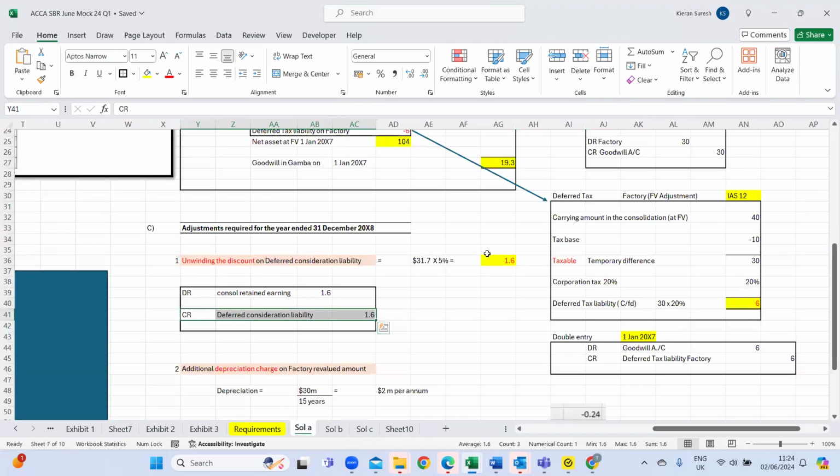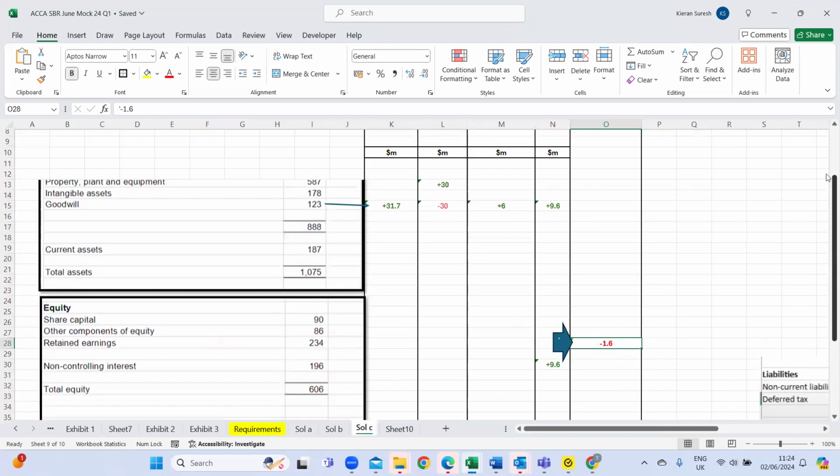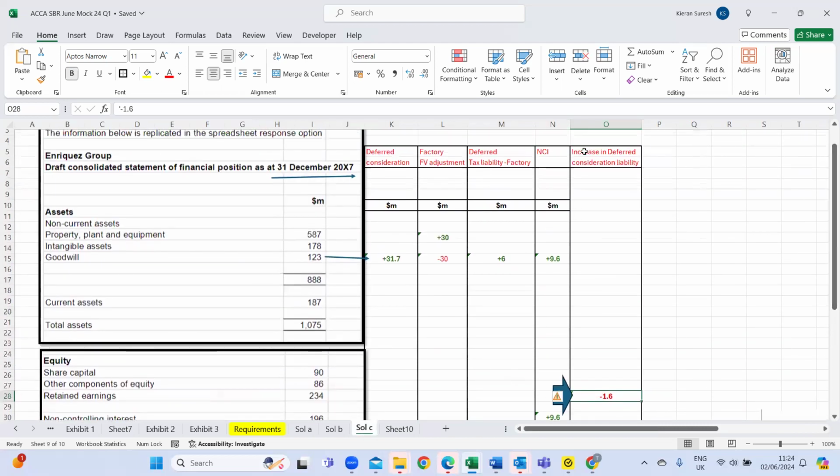So this is not deferred consideration, this is the unwinding discount of deferred consideration. Let me change the name there, right? This is the unwinding discount, so this is the unwinding, not increase. Unwinding discount.